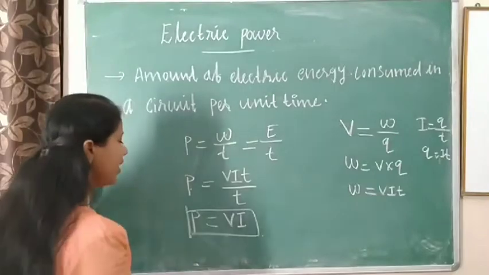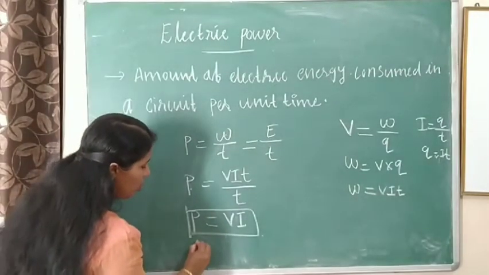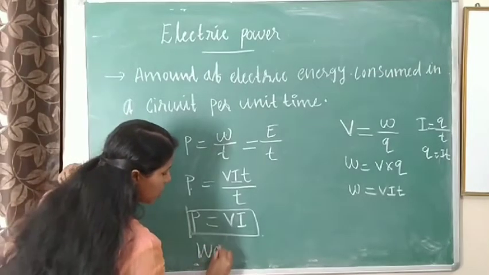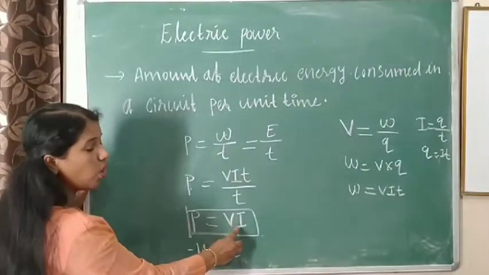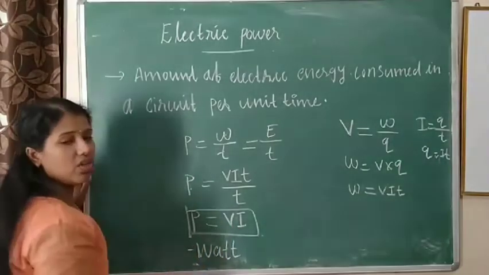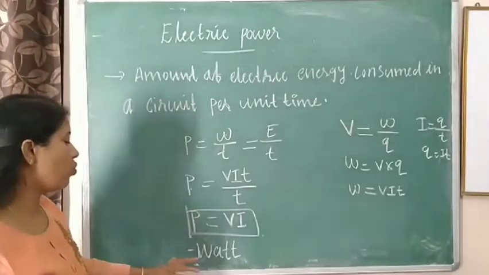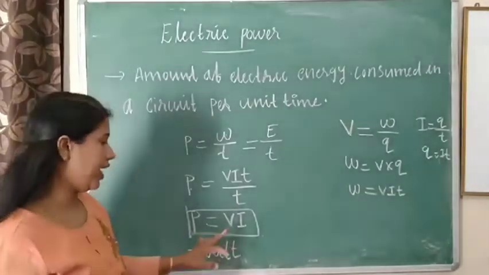What is the SI unit of power? The SI unit of power is watt. Here 1 volt into 1 ampere is 1 watt.